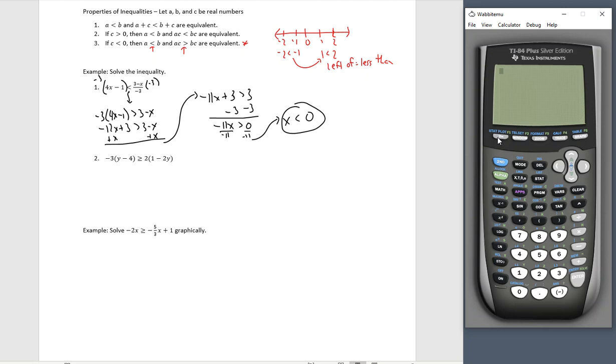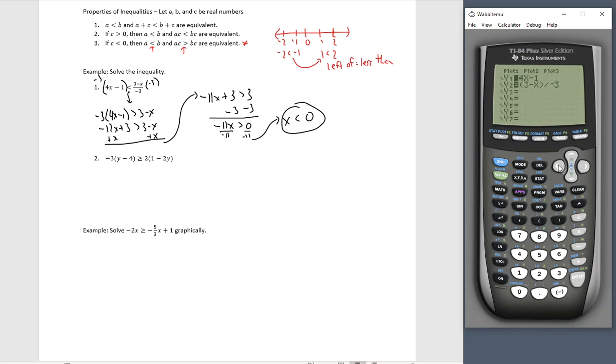I'm going to show you a little quick trick here. If we go to y1, let's look at the left side of this inequality. That's 4x minus 1. And on the right side, we have parentheses 3 minus x divided by a negative 3. So I'm going to graph the two of these. At first we're thinking, which one is which?